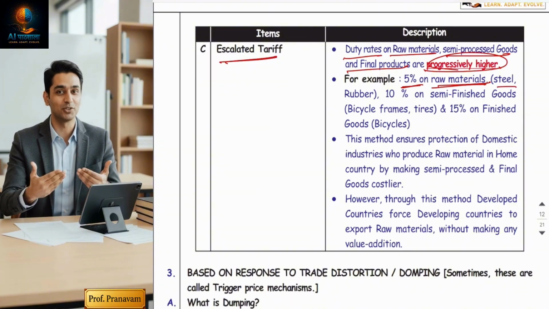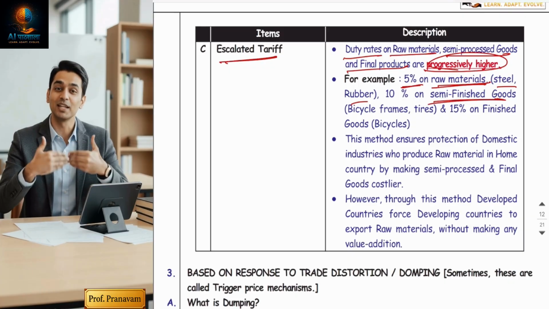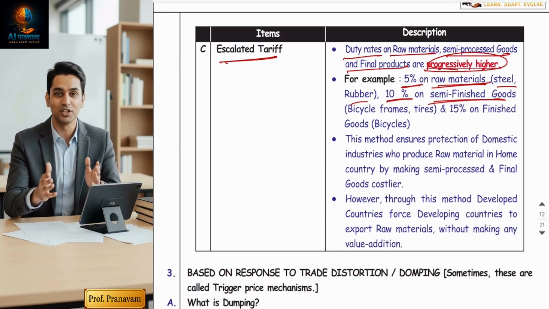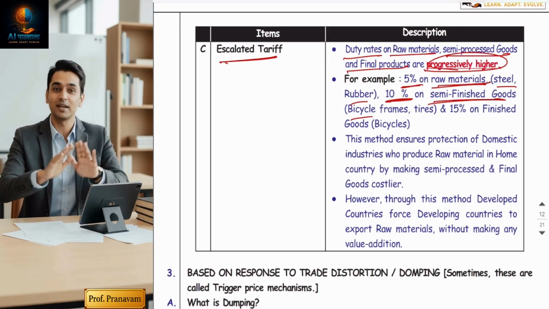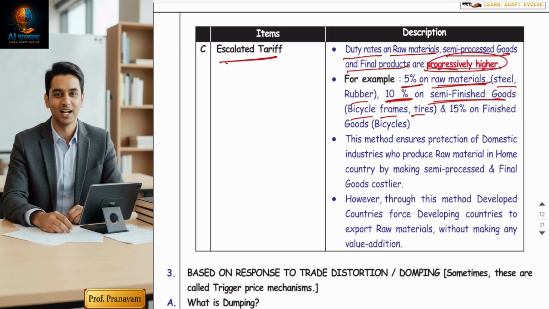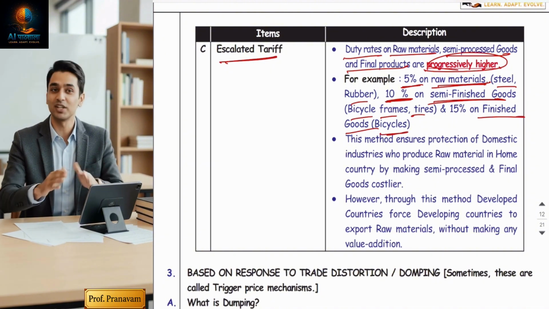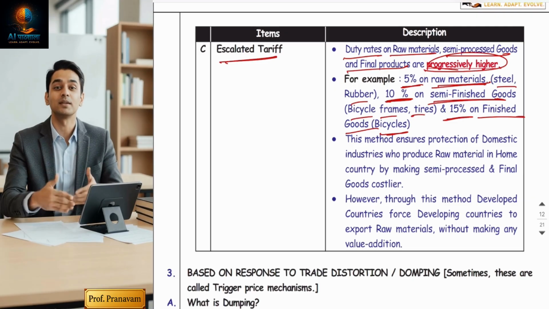That is, for example, steel and rubber. Then if we are importing semi-finished goods, the import duty will be higher because value addition is done in the raw material, so import duty will be 10%. For example, bicycle frames and tires, which are made up of steel and rubber. And if we are importing finished goods, for example, bicycles, then 15% import duty will be charged.